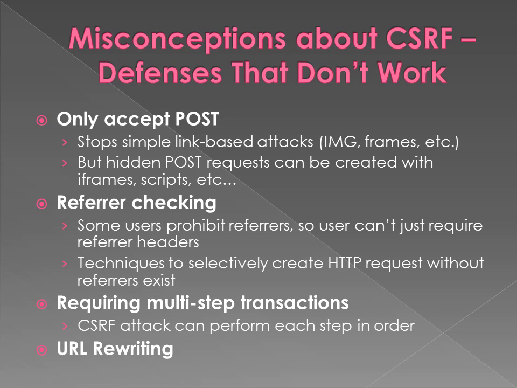Referer checking: some users prohibit referers, so you can't just require referer headers. Techniques exist to selectively create HTTP requests without referers. Requiring multi-step transactions: a cross-site request forgery attack can perform each step in order. And another that does not work is URL rewriting.